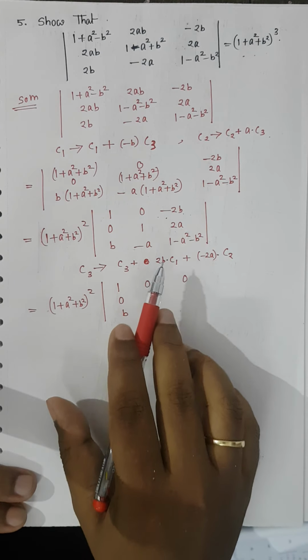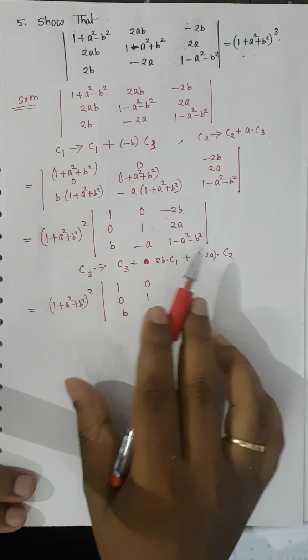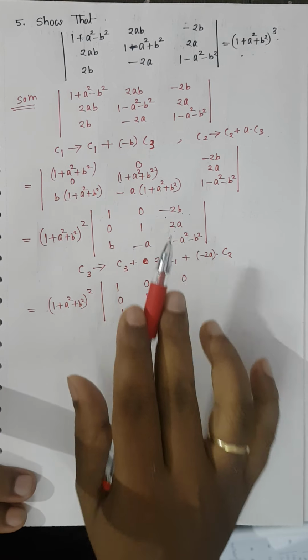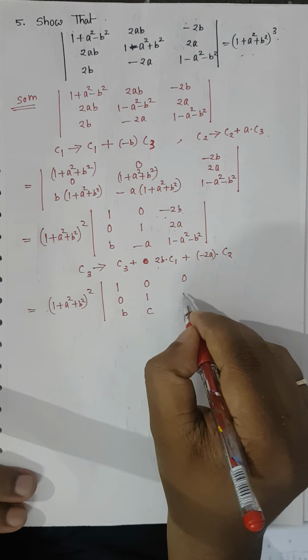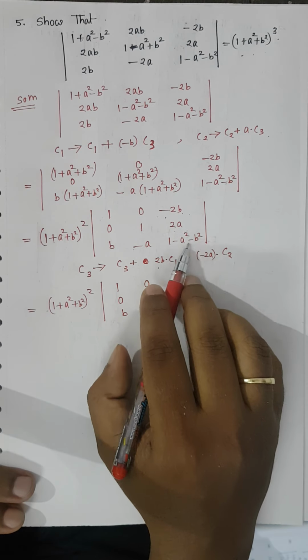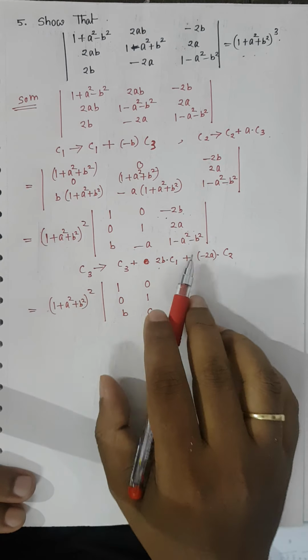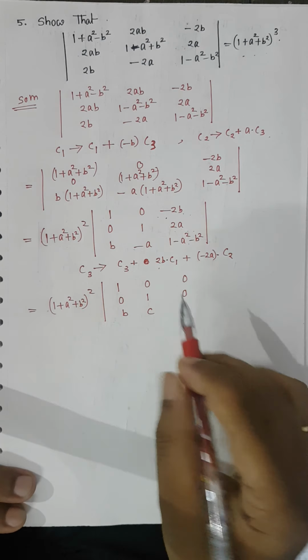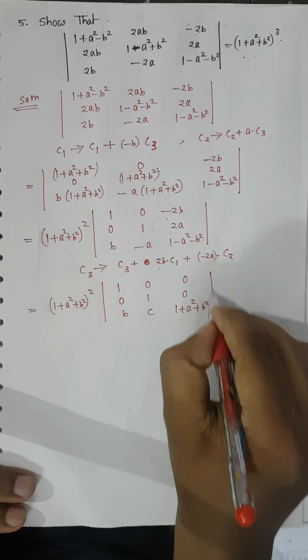If I multiply by twice b in column 1, it is twice b into 0, and for this minus twice a into 1. So I am getting twice a plus 0 minus twice a, it is also 0. And for this it is 1 minus a square minus b square, multiply by twice b, it is twice b square, and by minus twice a, it is plus 2a square. So I am getting 1 plus a square plus b square.